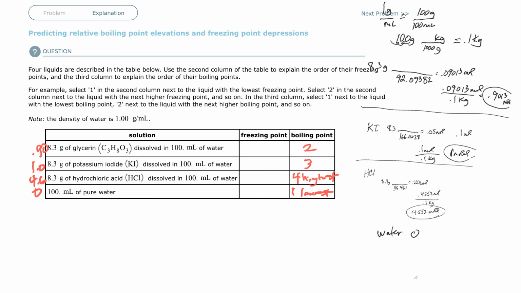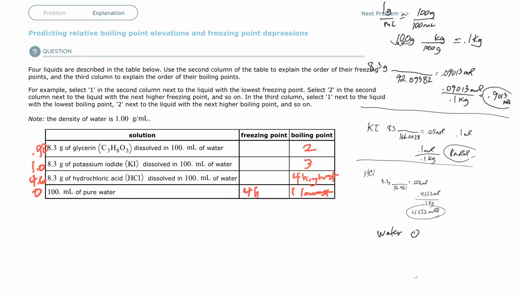All right, so the highest freezing point is the one that's least affected by the dissolved stuff. The highest freezing point would be closer to 0, and it would be 4.